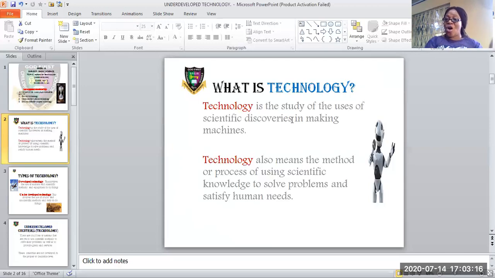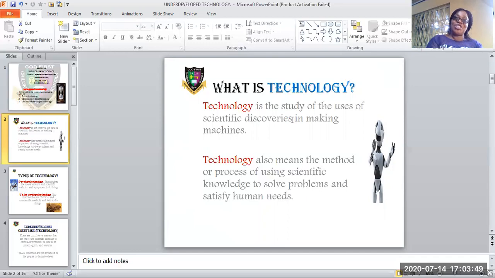The study of the uses of scientific discovery in making machines. Being so well informed, having scientific knowledge to the extent that the knowledge itself is used to produce machines.